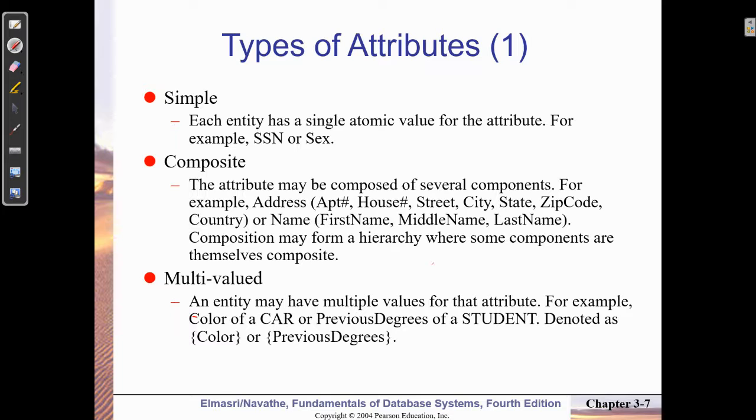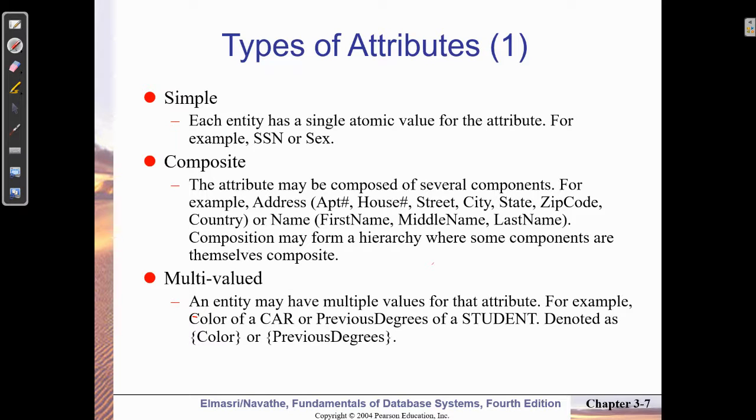Can I say these have a simple atomic value? Yes, but sometimes the car may have a dual tone. That means the roof may be black and the body may be white. If I ask you to mention the color of your car and it has a dual tone, you will have to mention the color in a multi-valued form.